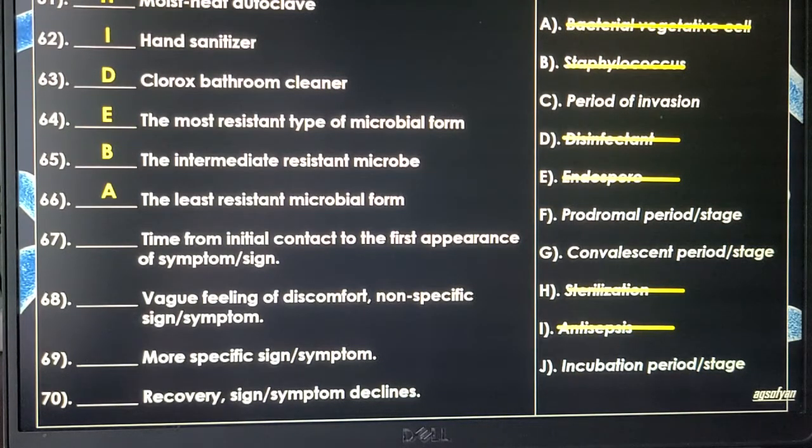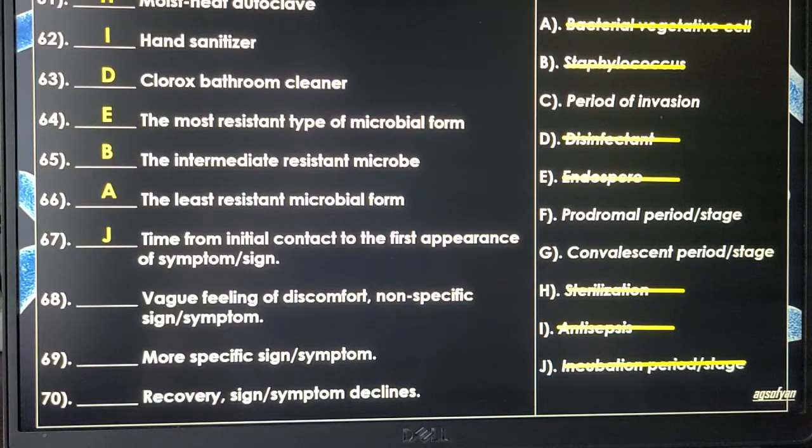67. Time from initial contact to the first appearance of symptom or sign. Find your answer. Yes, this is what we call the incubation, which is G. So incubation is the time from initial contact to the first appearance of symptoms. The next, vague feeling of discomfort, non-specific sign and symptom.